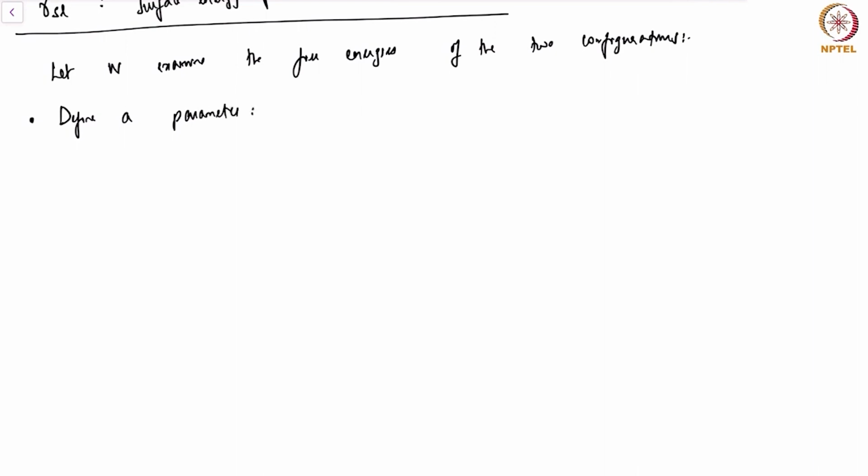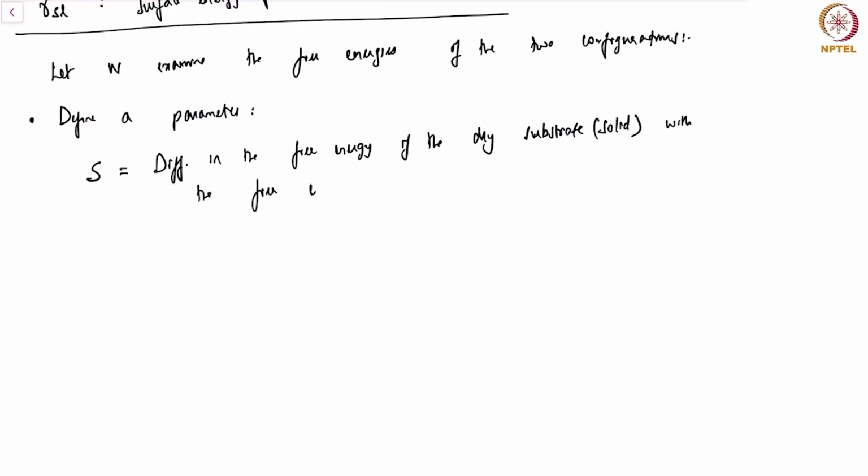Okay, so we'll define a parameter. And this parameter is represented by the capital S. Okay, and this is the difference in the free energy of the dry substrate, meaning just the solid, with the free energy of when a thin film has formed.